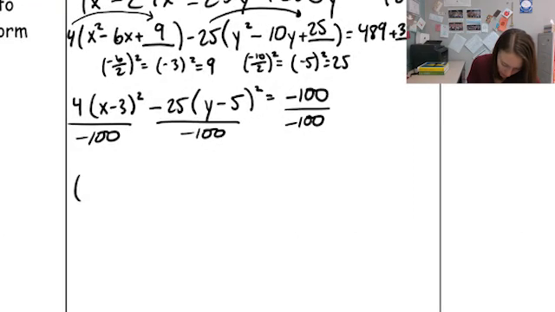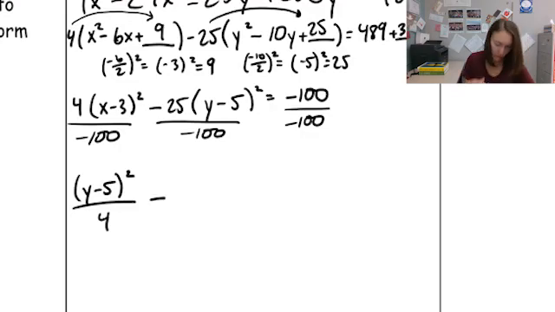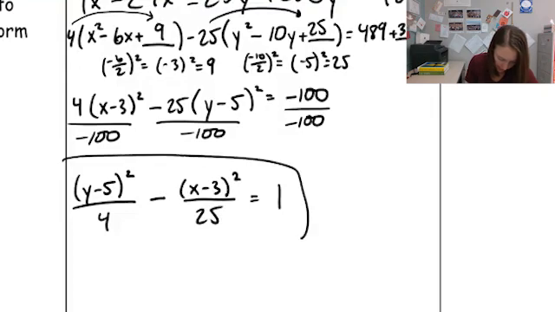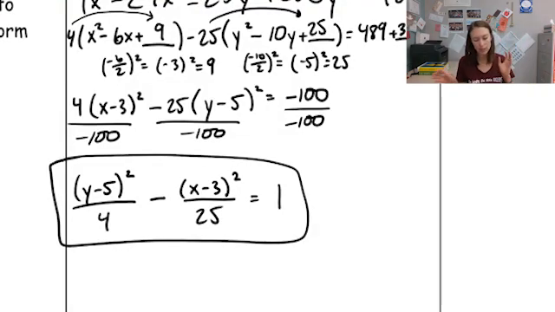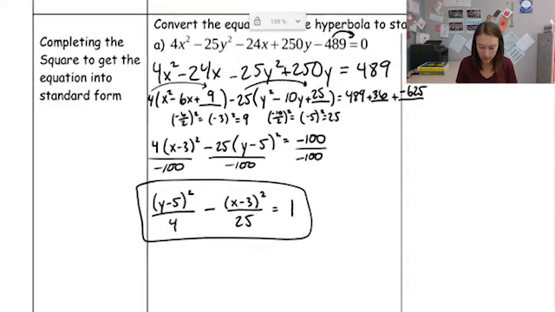So we have y minus 5 squared over 4 minus, so 4 divided by negative 100 makes that x piece negative now. So x minus 3 squared over 25 equals 1. So be really careful about dividing by that negative. It's going to switch the signs. You'll want to rewrite them in an opposite direction so the positive piece comes first and the negative piece comes second. And then you can try the next equation here.